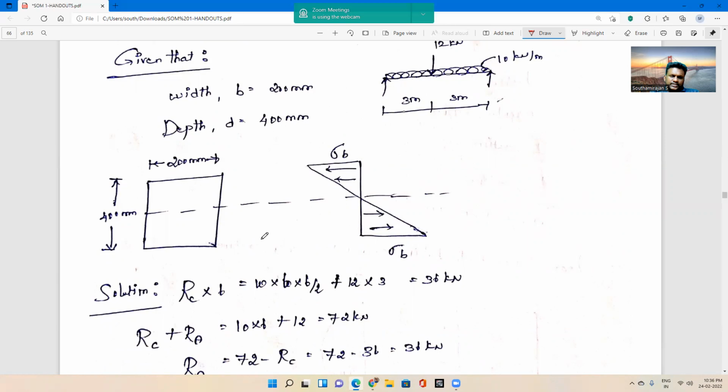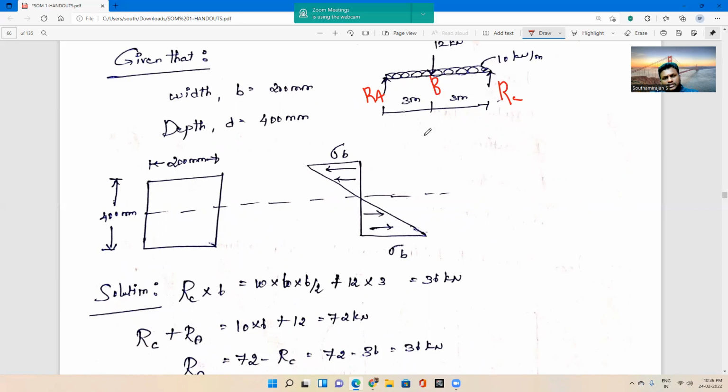For that purpose, we will calculate the reactions initially. This will be RA, this will be RC, and this will be the B point. In order to calculate the bending moment, we want to find the reactions.